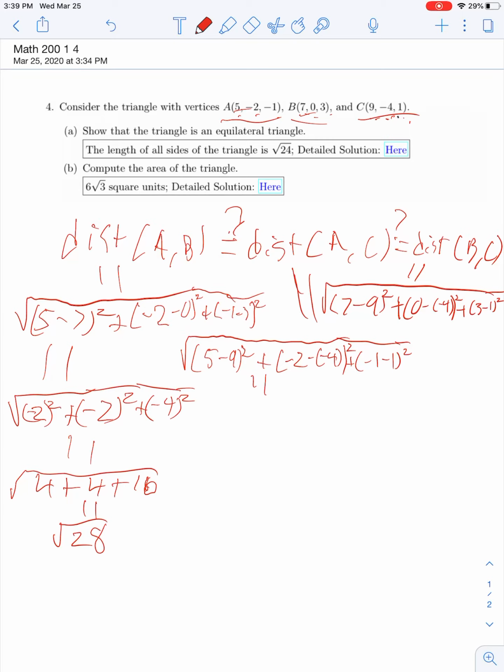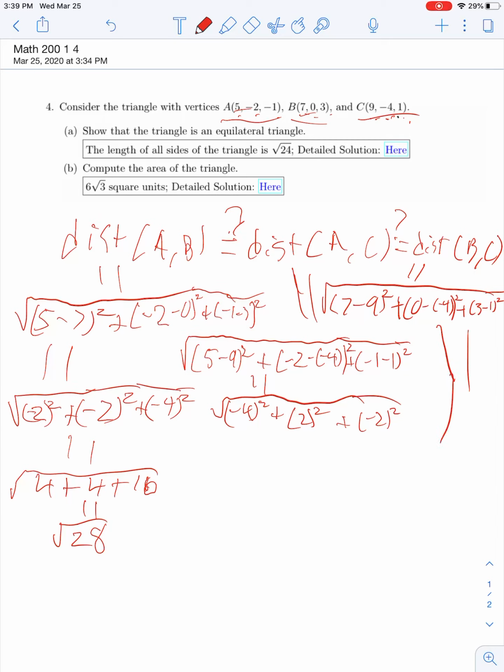This guy right here is going to be equal to negative 4 squared, and then this guy is going to be equal, negative 2 minus negative 4 is equal to just regular old 2 squared, and this guy is also going to be negative 2 squared, which is going to be the same thing in the end.